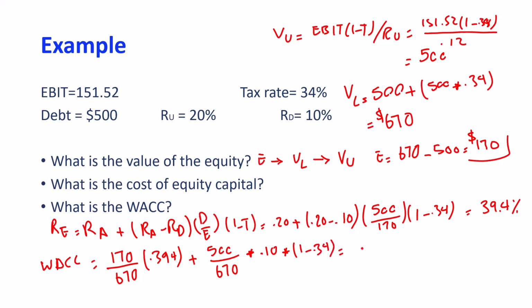So I'm getting 14.92%, which makes sense. You're going from 20% cost of capital to 14.92% because you're adding debt to the capital structure of your firm.